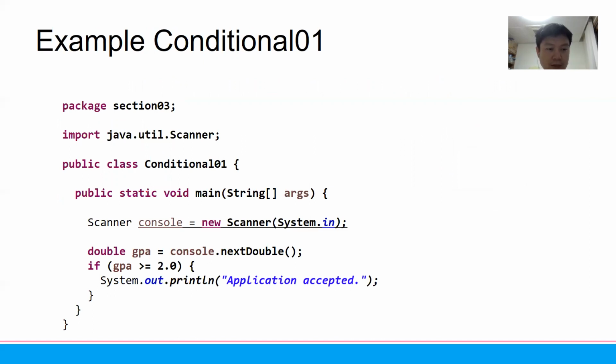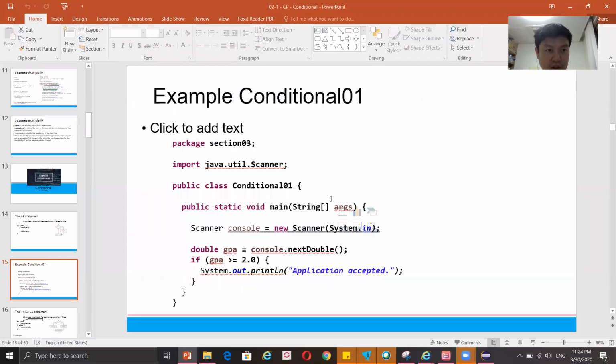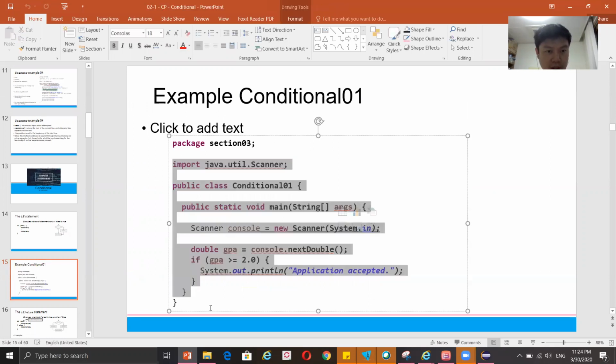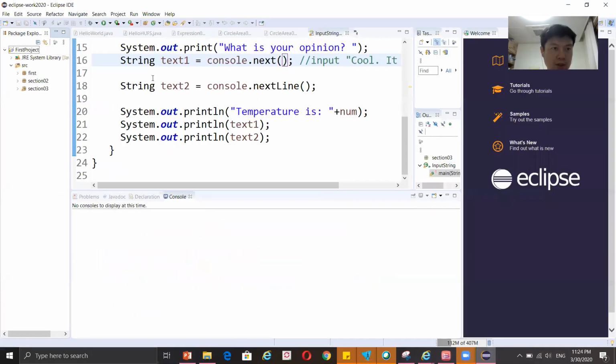We have one example about the conditional 01. The conditional 01 is in section 3. Let me just copy and paste this one. I will make the code in section 3.